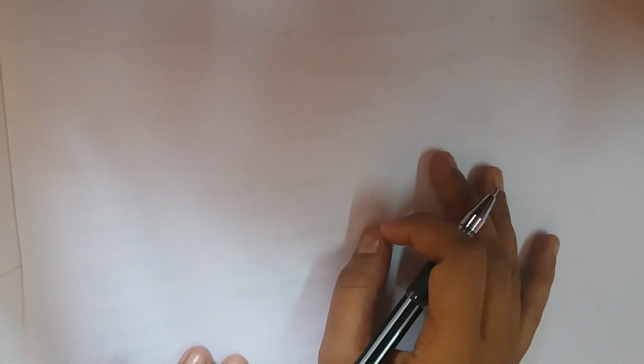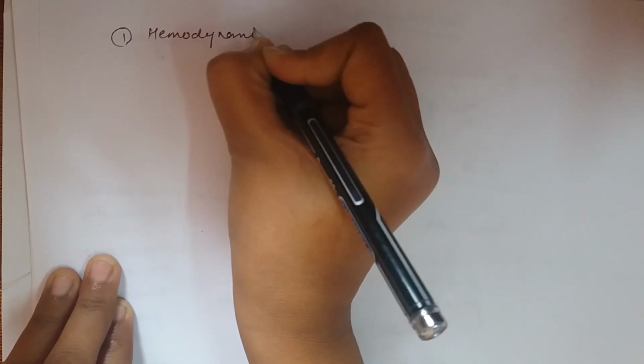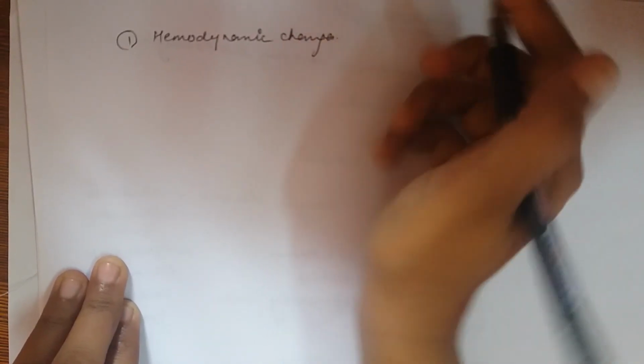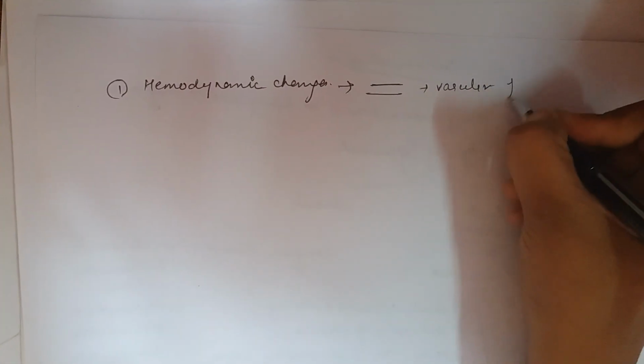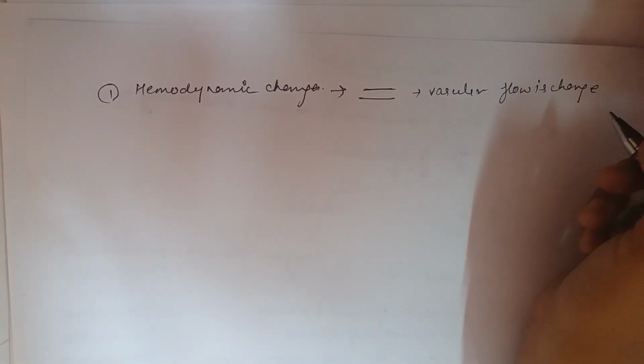The hemodynamic changes are the earliest feature of the inflammatory response. They result from a change in the vascular flow.